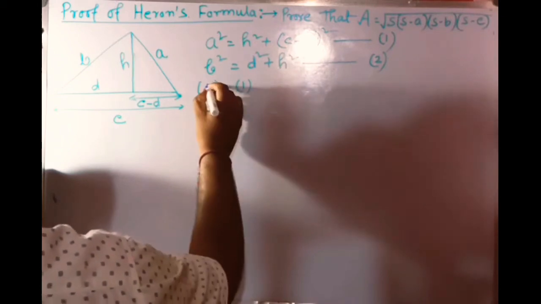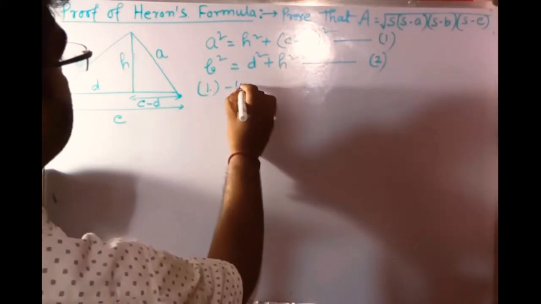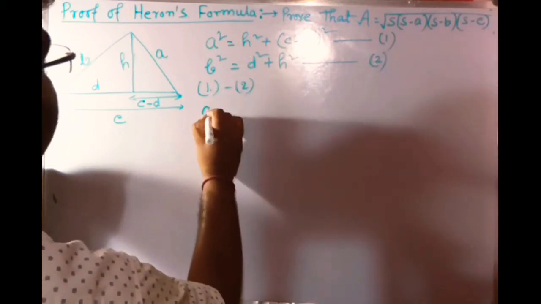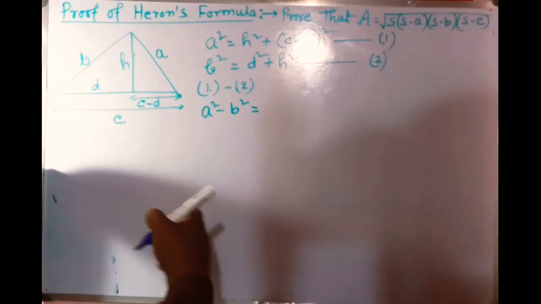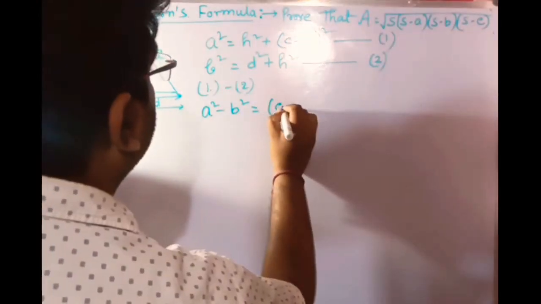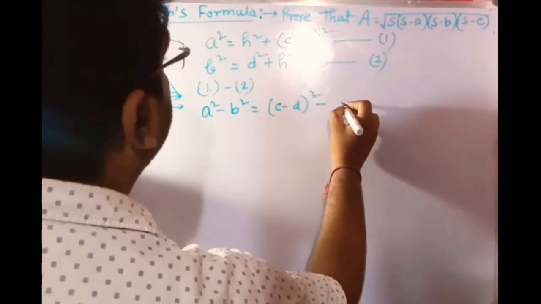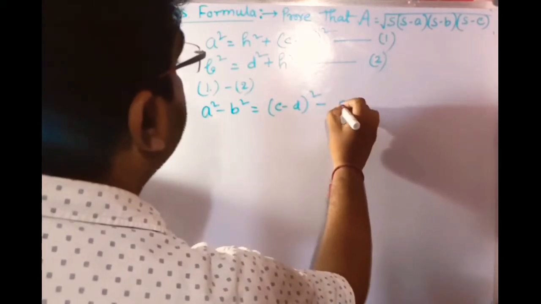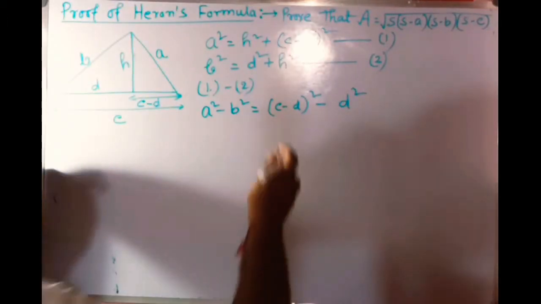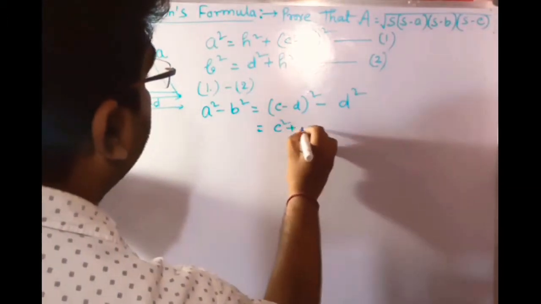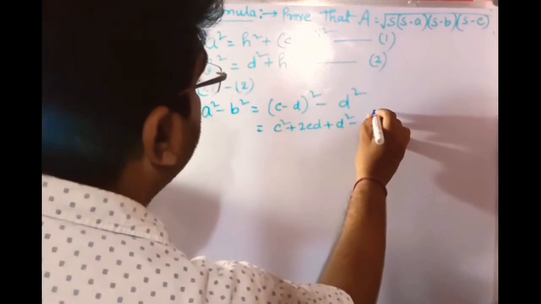by doing 1 minus 2 we are getting a square minus b square equals c minus d whole square minus d square. So if we calculate it, this is c square minus 2cd plus d square minus d square.